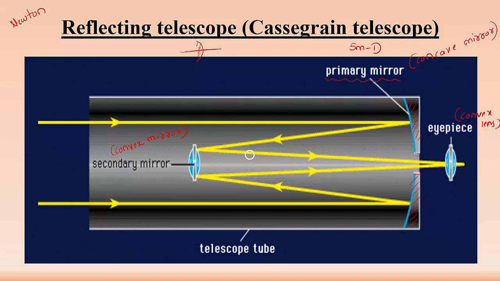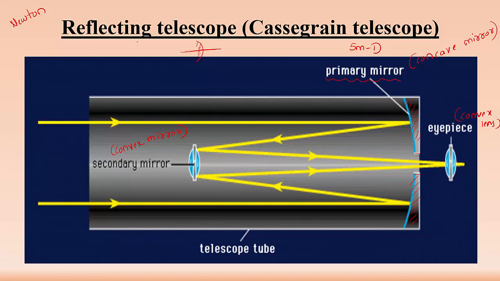Again reflection of light takes place. After reflection, these two reflected rays converge at the convex lens, that is the eyepiece. So the final image is formed at the eyepiece, and this image is magnified, and again it is inverted.